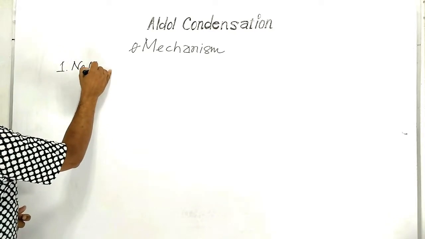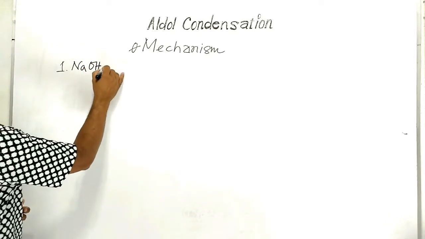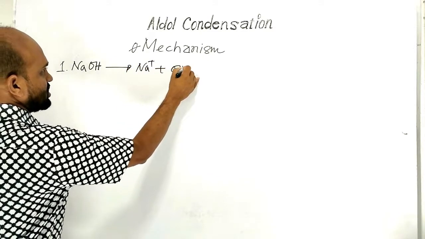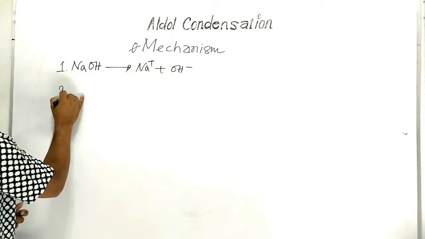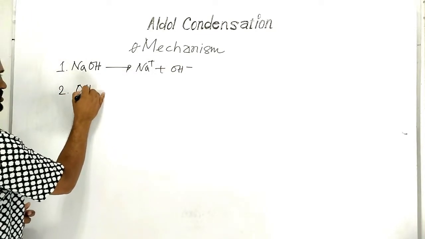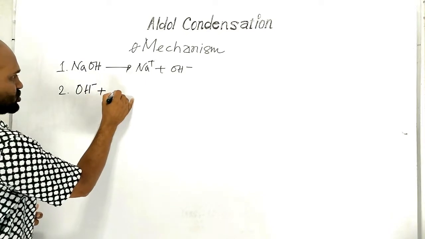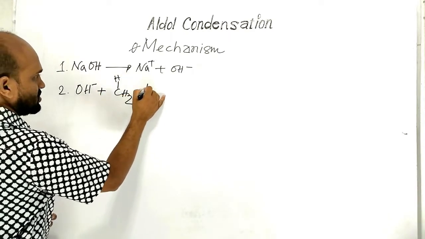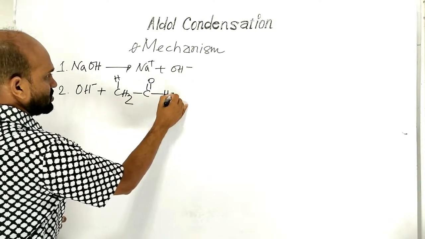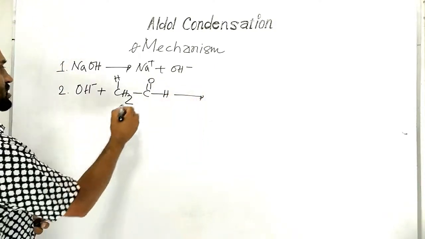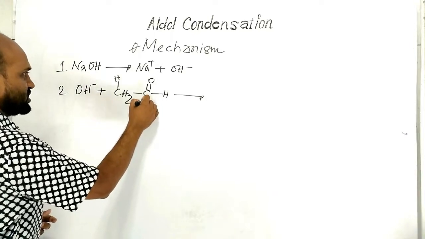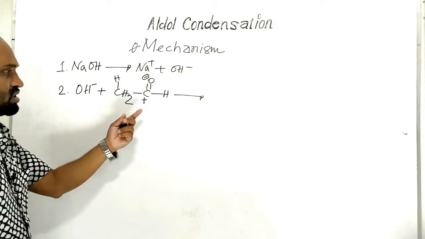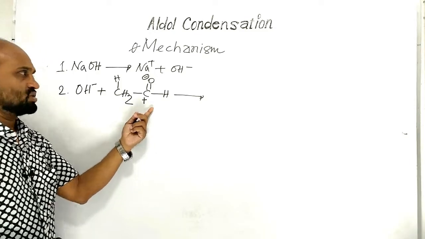Diluted sodium hydroxide is used here that produces hydroxide ion. Step 2. This hydroxide ion reacts with aldehyde. Here it becomes positively charged, it becomes negatively charged because of the electronegativity difference.